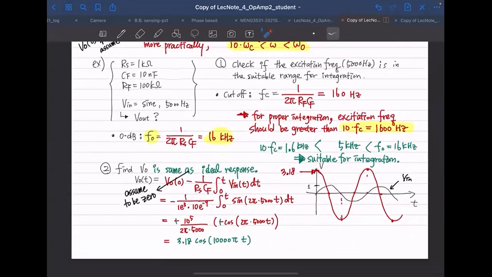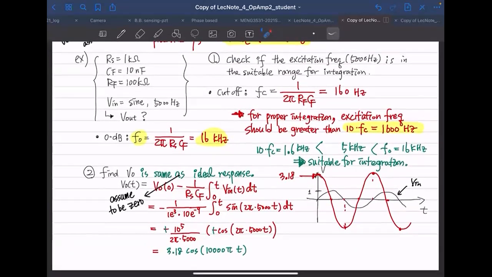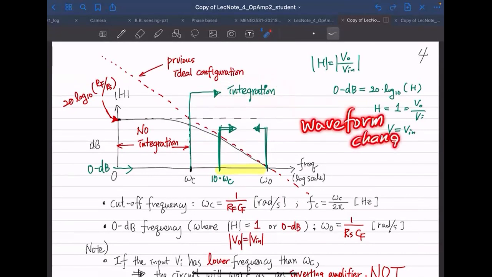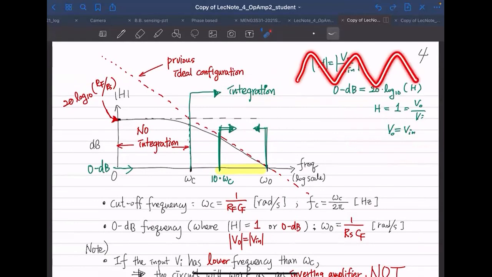And one thing that I just want to make sure of is by using this integrator, whenever we do the integration, we want the waveform to change. That's what we kind of expect. Say for the inverting or non-inverting amplifier, if you had a triangular going in, your output is triangular.